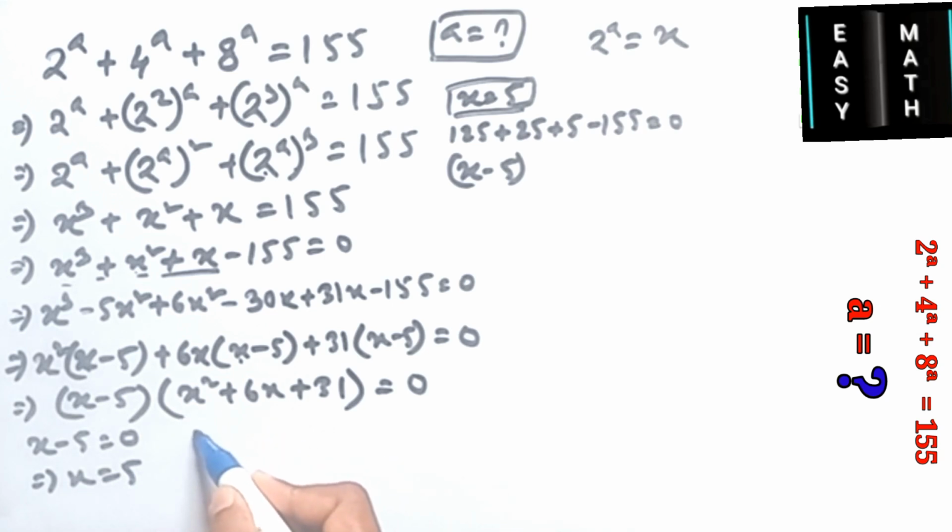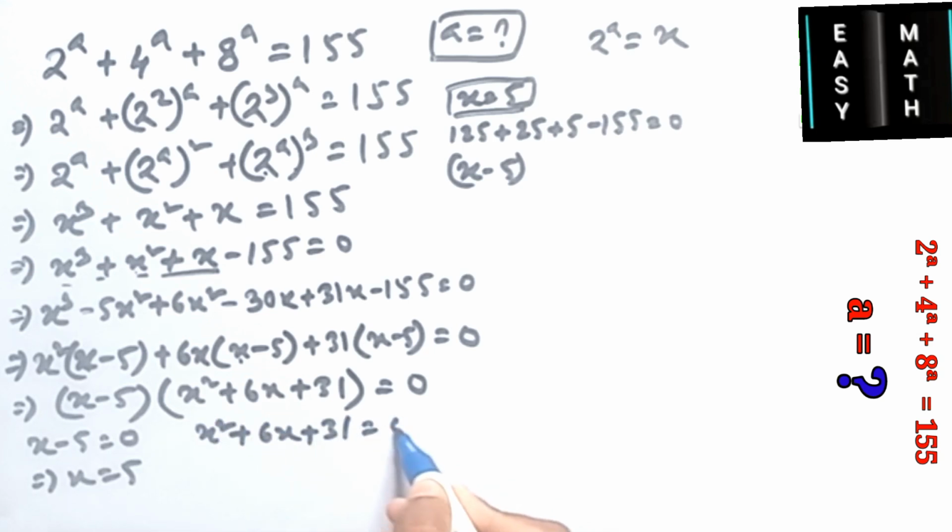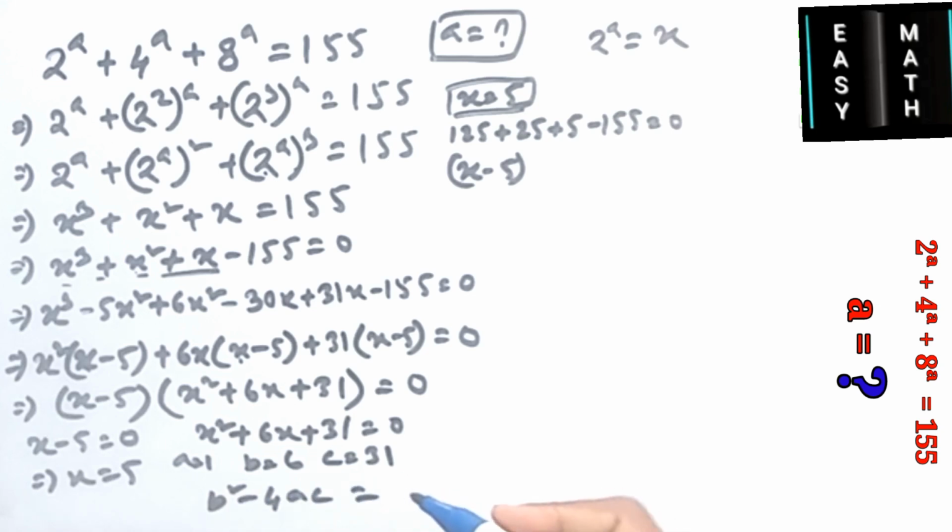And from here there is x square plus 6x plus 31 is equal to 0. And now a coefficient is 1, b coefficient is 6, and c is equal to 31. So we can use this formula for the discriminant b square minus 4ac.